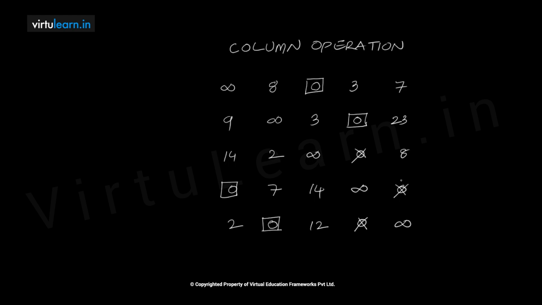So we will write the next table by drawing the lines. Then we can further develop the table, and again we will try to make an allocation. If allocation comes, that is well and good. Otherwise, again we have to repeat the same procedure.